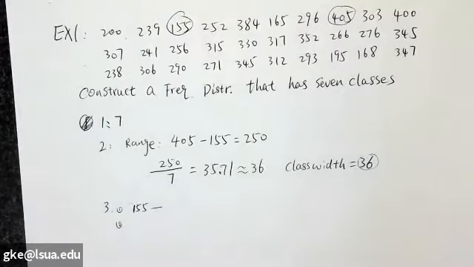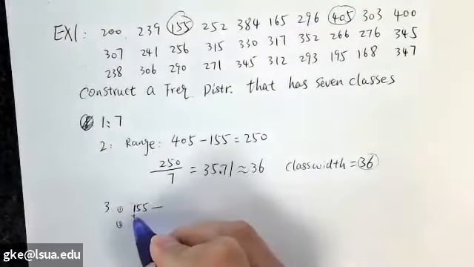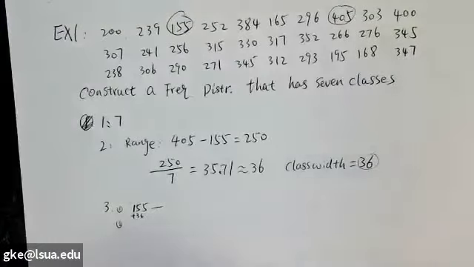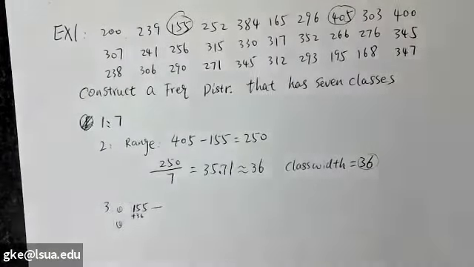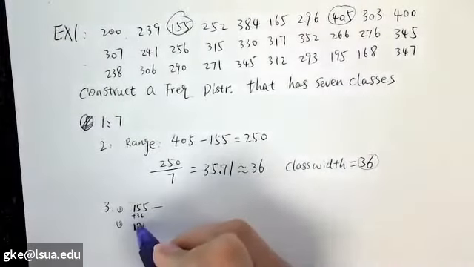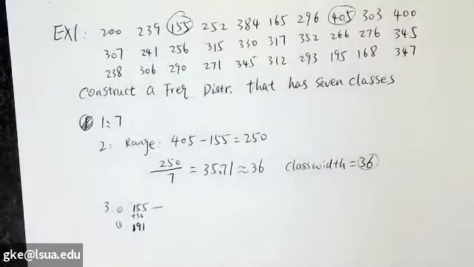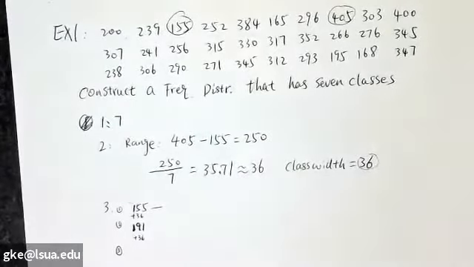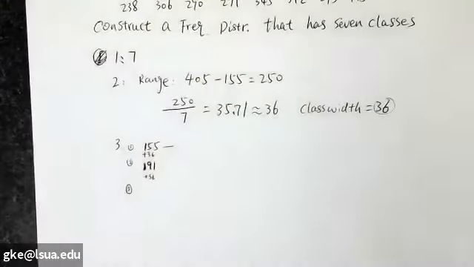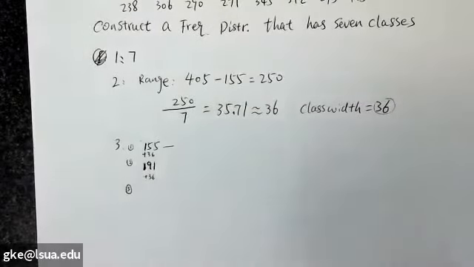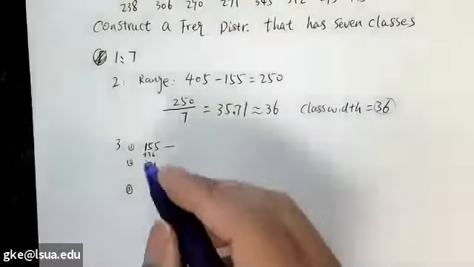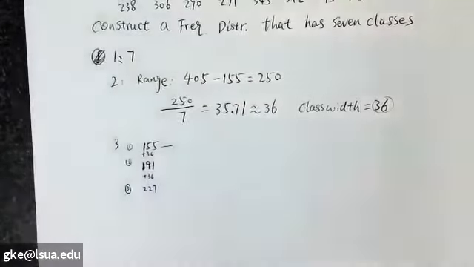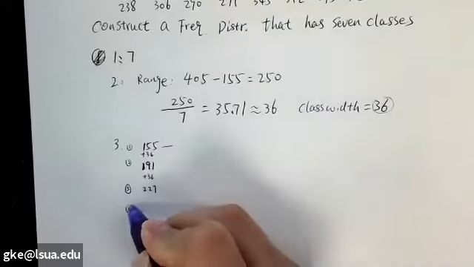We can add 36, and that gives you 191. Do you agree? Of course, you can continue to add 36 to get the others. Now let's continue. The third class and the fourth one.